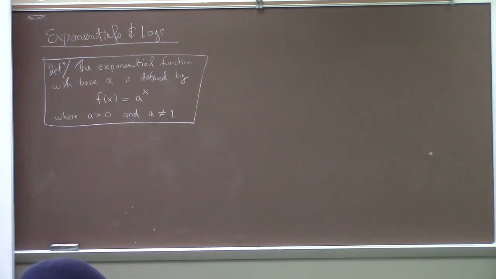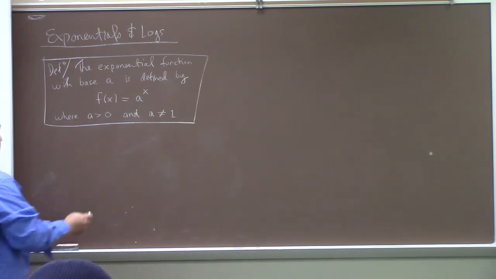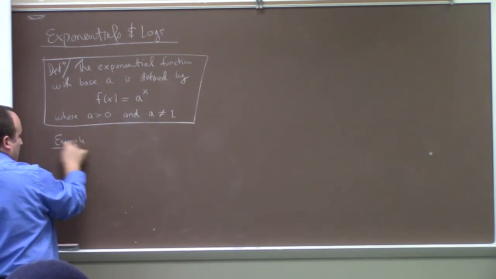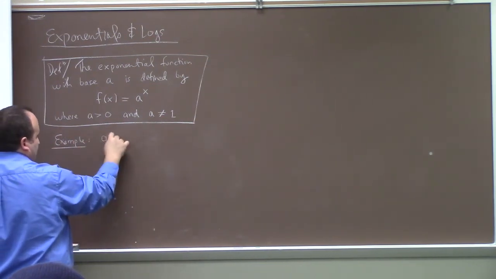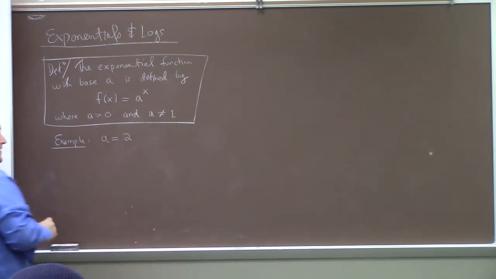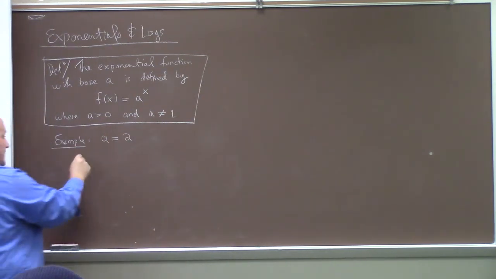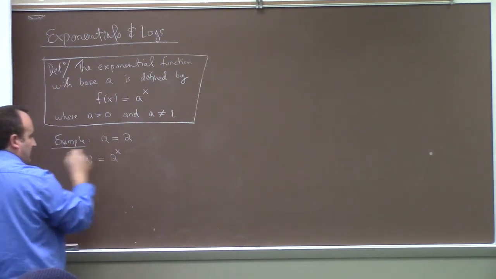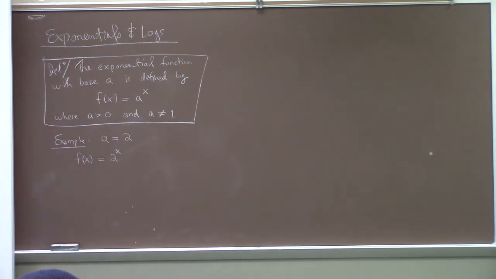So let me just try to dig into this a little bit. For example, if we choose base 2, then we can look at f of x equals 2 to the x, and we can try to understand what this means.